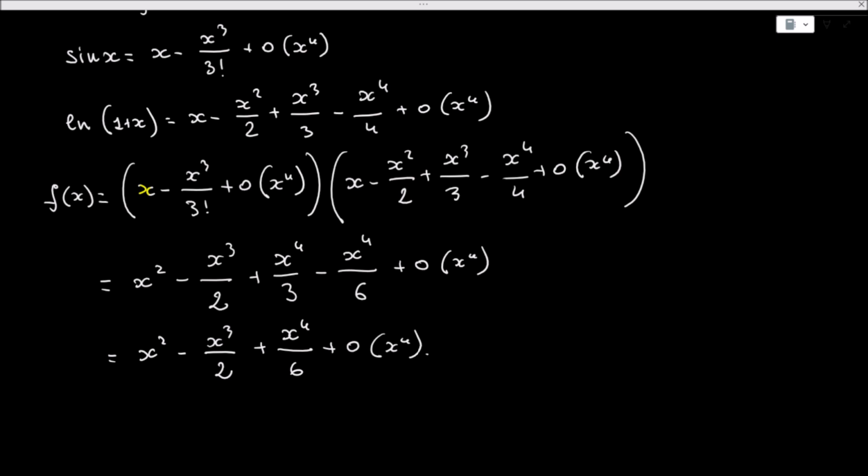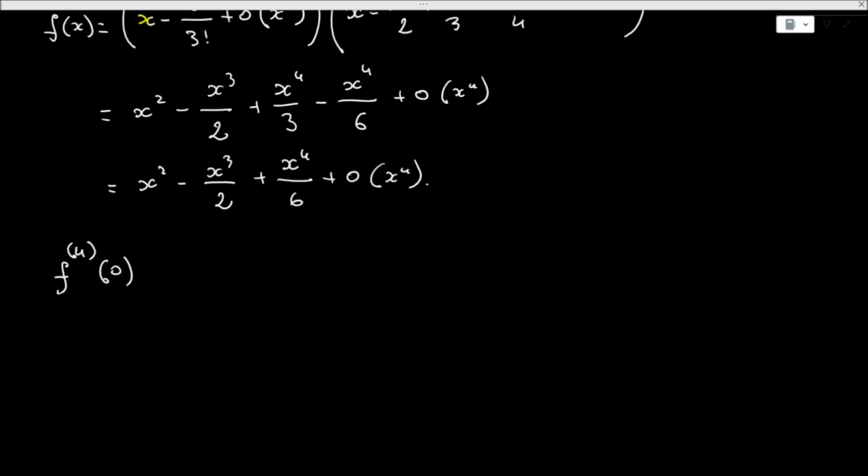Suppose, for example, that you would like to know what is the derivative of order 4 evaluated at 0. Again, if you go along the way of taking the derivative, it might be a very long way, and it is also very easy to make mistakes. Instead, we could say something else.